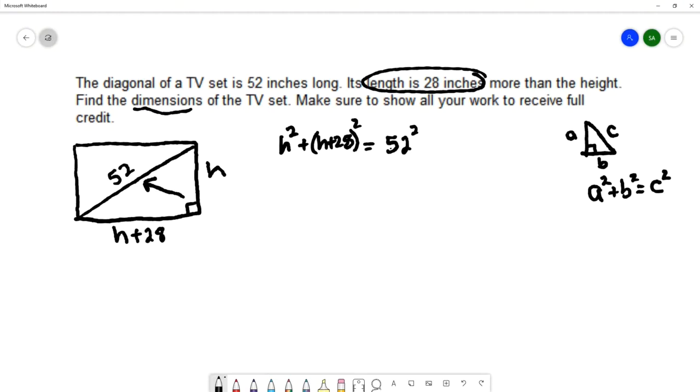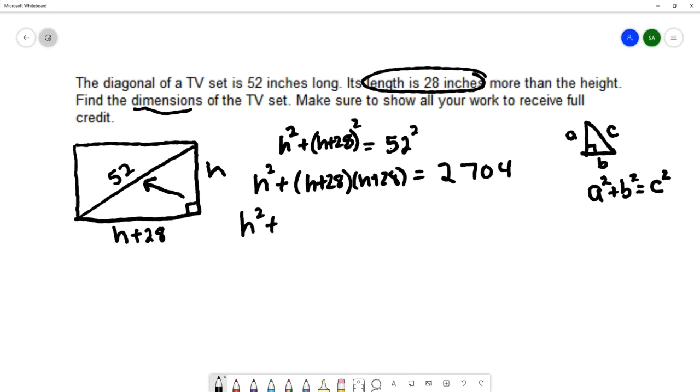Now let's do some simplification, because now we have an equation with one variable, and we're going to be able to solve for that variable. We have h squared plus (h plus 28) times (h plus 28) equals 52 squared. 52 times 52 is 2704.